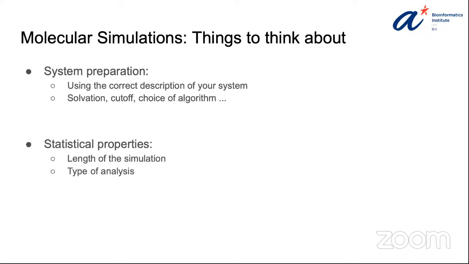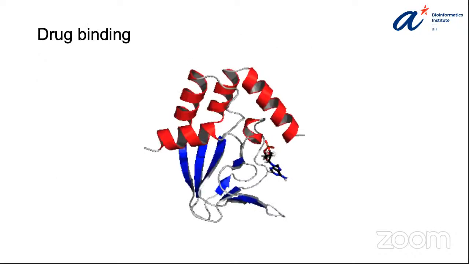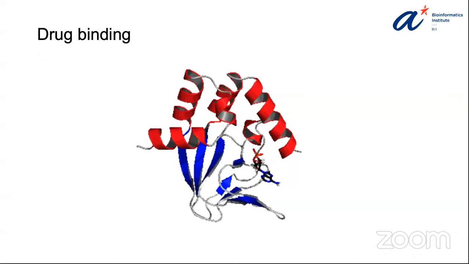And at that point, there are probably 20, 30 decisions that you have to make, right? For example, are you using the correct description of your system? Do you have the right amount of water around your protein? In this case, I am not showing any water molecules.